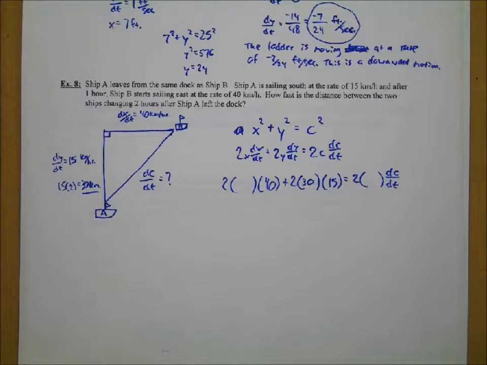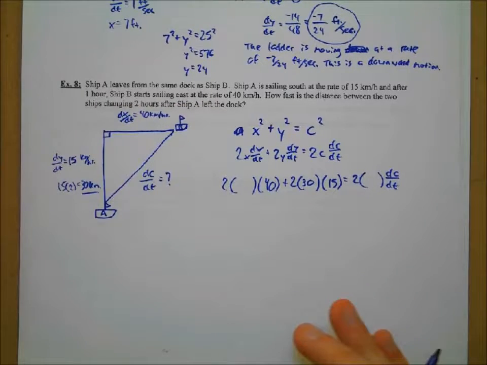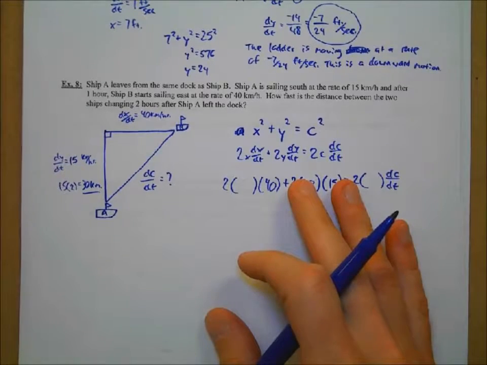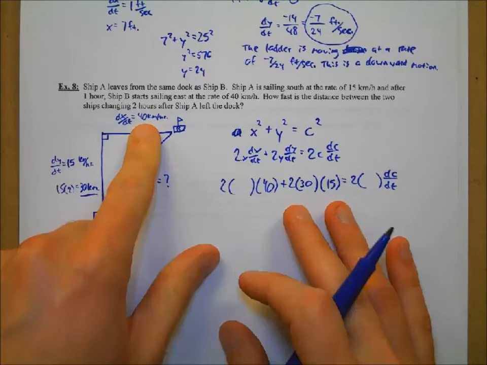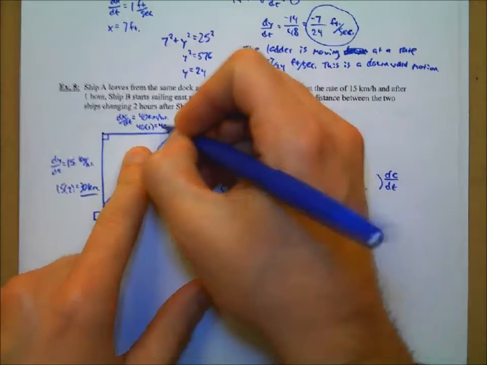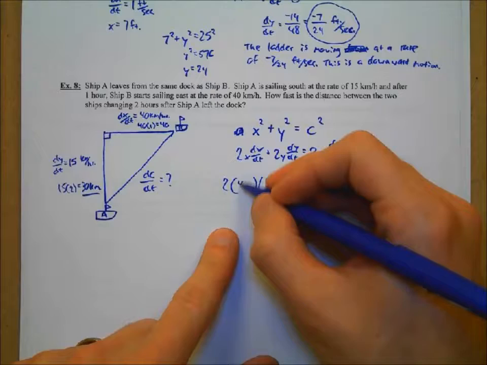Not 2 hours, just 1 hour, right? If ship A was sailing for 2 hours and ship B started an hour after ship A started, it's only been sailing for 1 hour. So 1 times the 40 gives us 40, and that's that length right there. Okay, 40 kilometers. So that's going to be 40 for x.